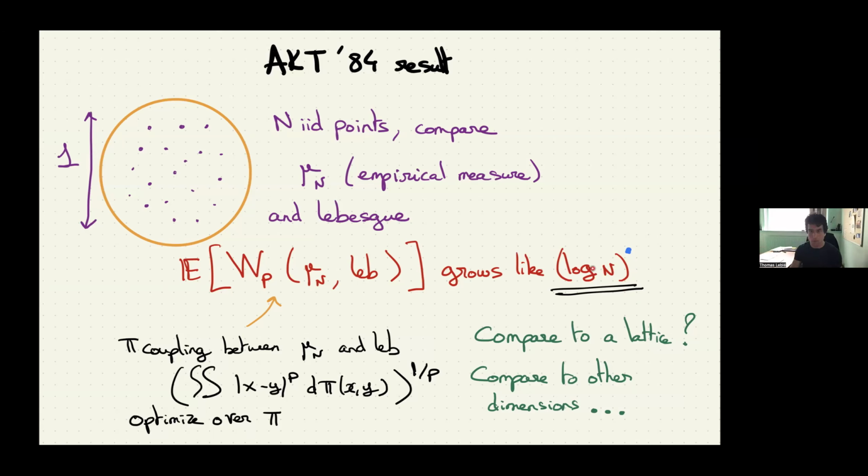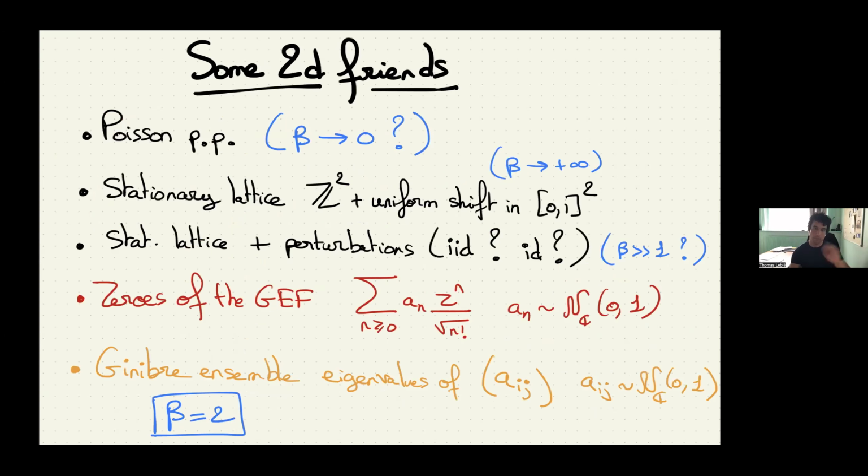And if you do have a growth, then you're more like IID, you're more disordered. So this question is another way to characterize whether a process is ordered like a lattice or disordered like IID points. Okay, so let me close this parenthesis. This was just another type of question you can ask.